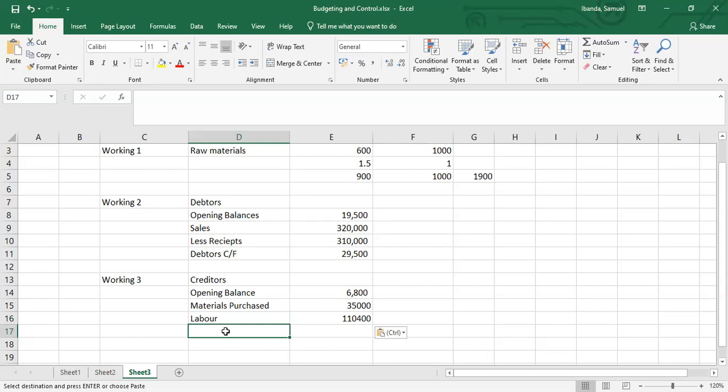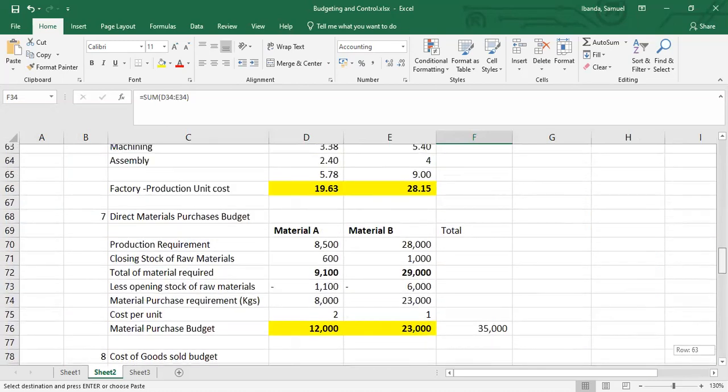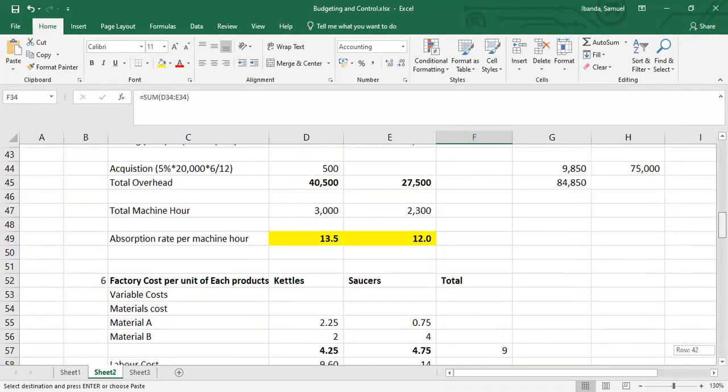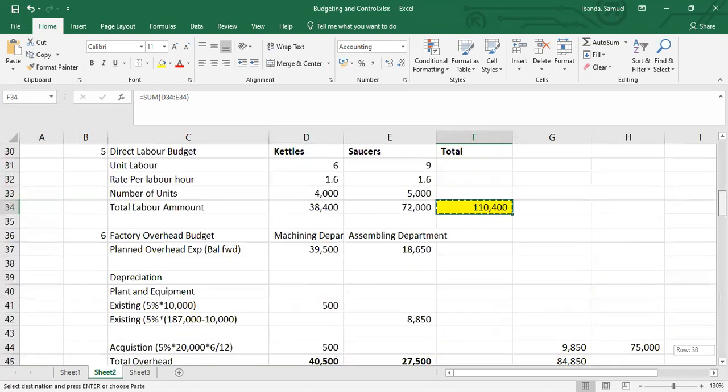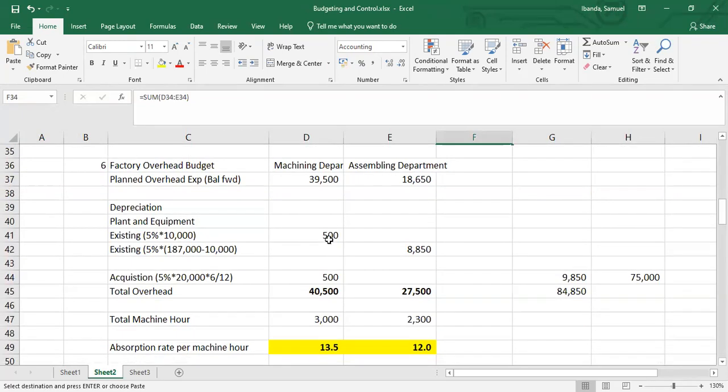Now, apart from that, mine is also to look at the production overheads. Remember, we also have a production overhead budget. But this production overhead has depreciation within, and remember, we don't pay for depreciation. I hope you know that.